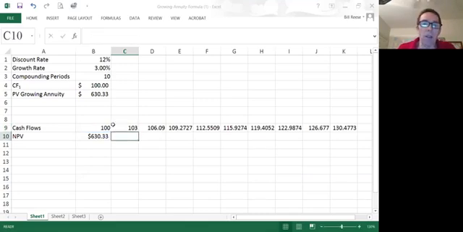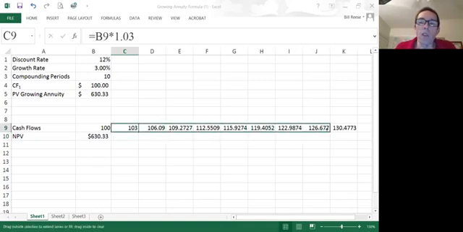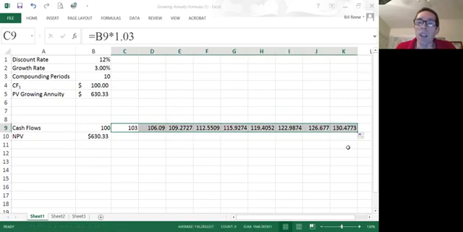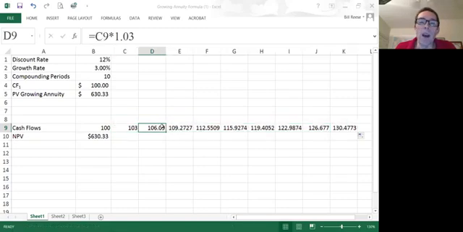And that's going to tell you that, of course, this is 103. Then what you do is you drag this across so it's in there for a total of 10 cells. And what you've done now is every single cell is going to be equal to the prior cell times 1.03, isn't it?